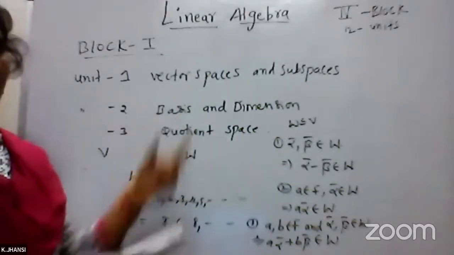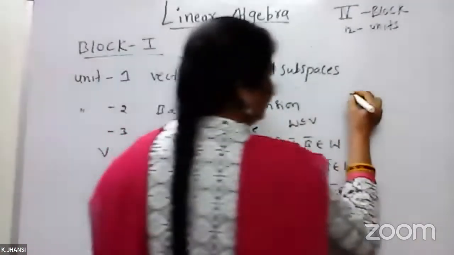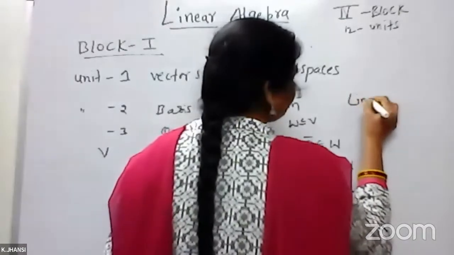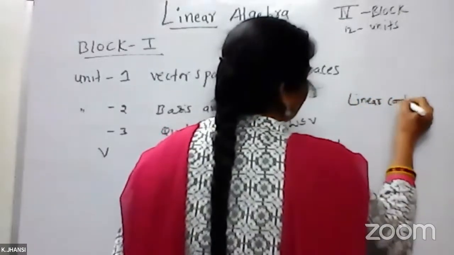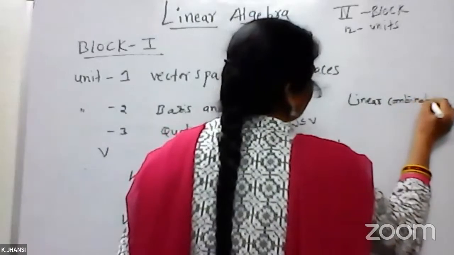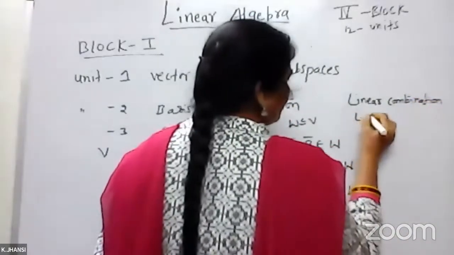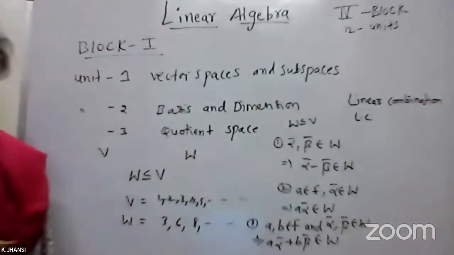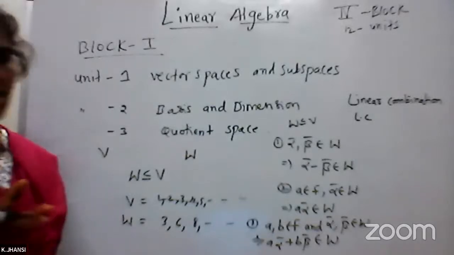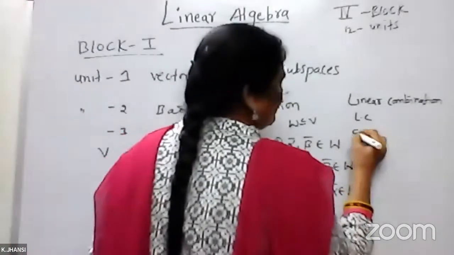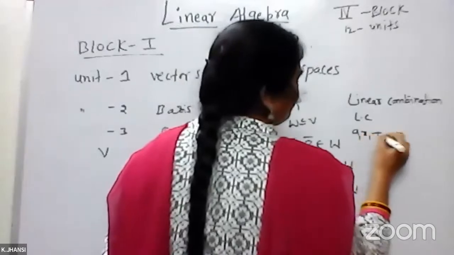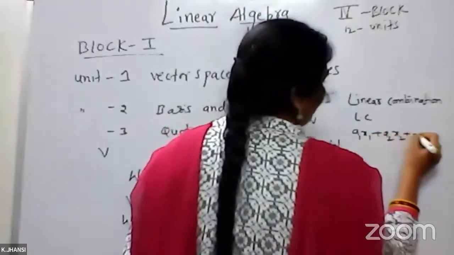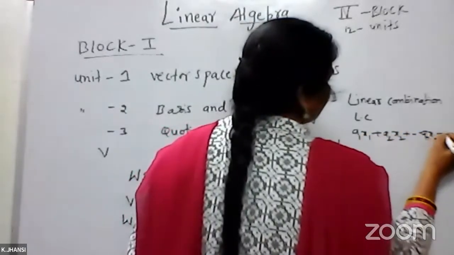So in the second unit, you have the concept of linear combination. We can represent it as L.C, that is linear combination of vectors. It is in the form of a1 x1 plus a2 x2 and so on up till an xn.